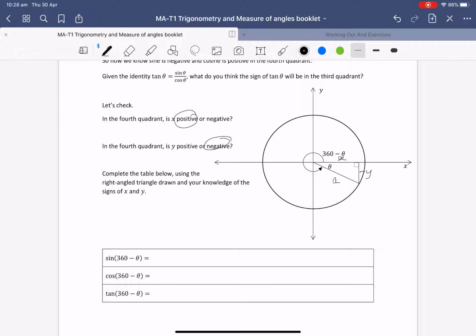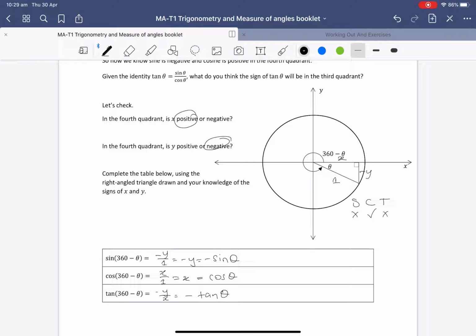Sine is opposite over hypotenuse, so negative y over 1, which will be negative y, which is negative sine theta. Cos will be adjacent over hypotenuse, so x over 1, which is just x, which is cos theta. And tan will be opposite over adjacent, so negative y over x, which will be negative tan theta. So sine, cos, and tan: negative, positive, negative.